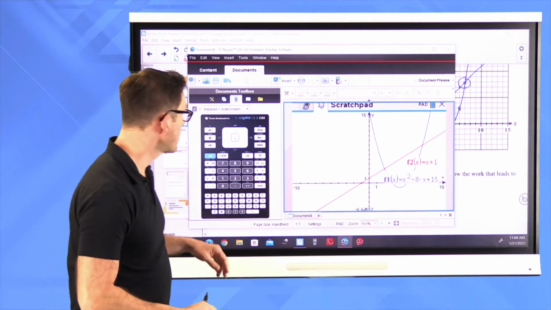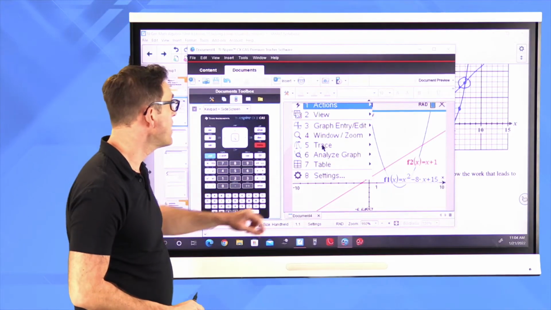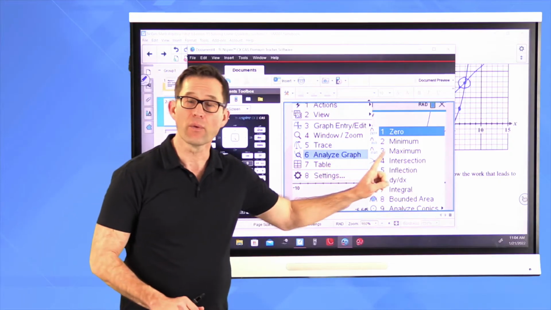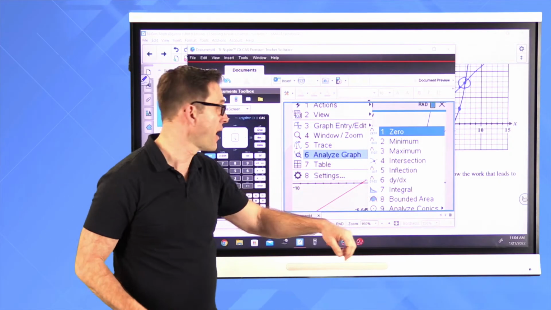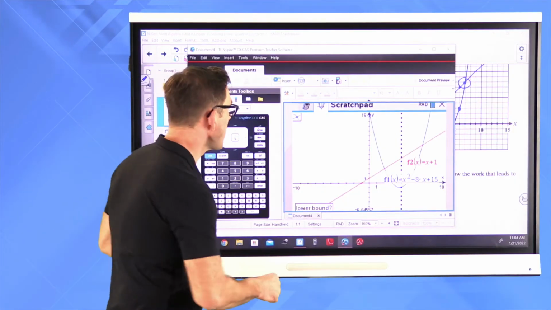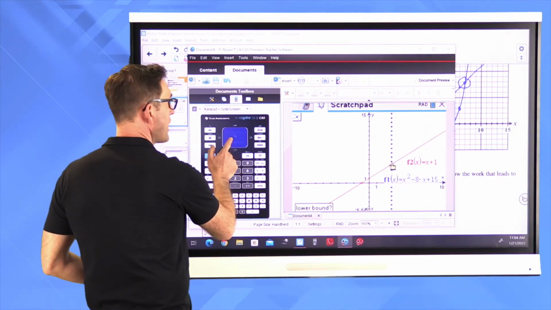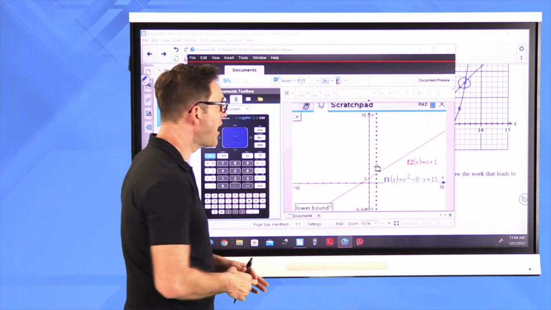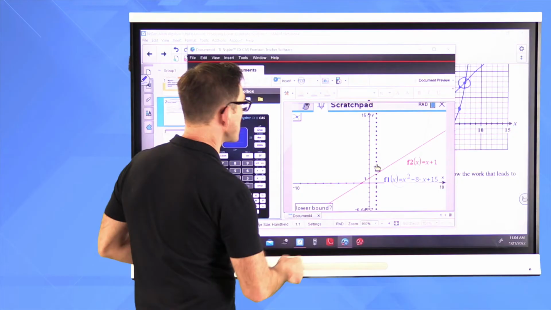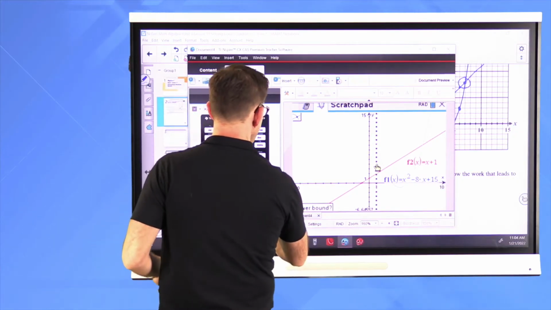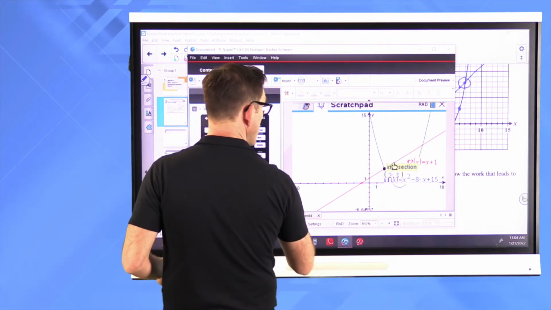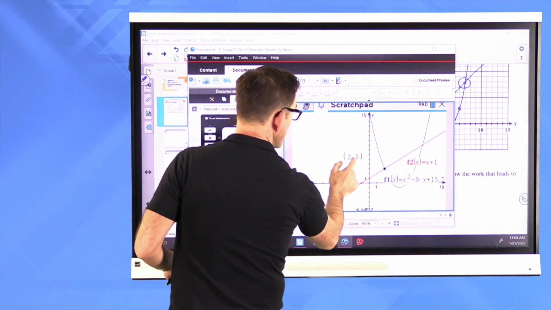And one of the great things about your graphing calculator is if I go into my menu and I go into Analyze Graph, one of the main things here, and we've used this before to solve equations graphically, is my intersect command, right? My intersect command basically asks for a lower bound, so if I drag that vertical line to the left of this intersection point, which is pretty hard to see right now because the color is pretty dampened, if I hit enter, and then I drag it to the right and hit enter, I get one of the two intersection points.